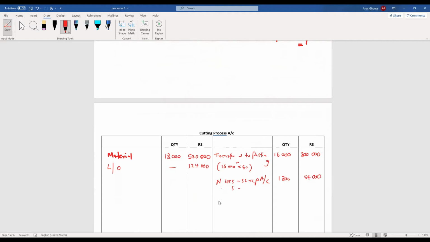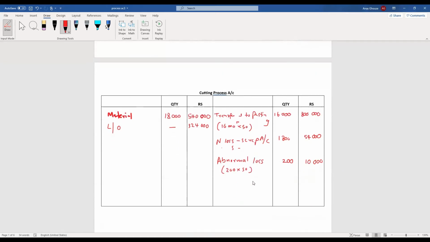Then we have abnormal loss of 200 units. These 200 units will be valued at 50, so that will be 10,000.